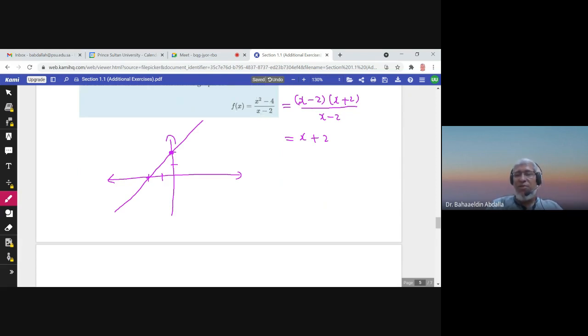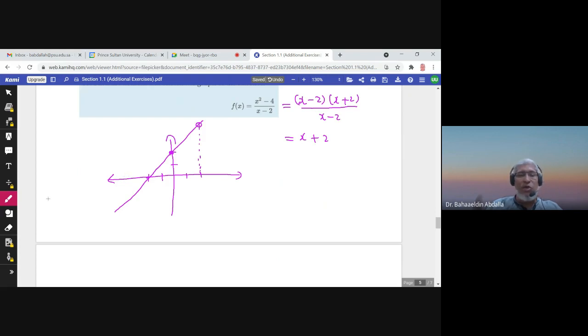But there is a difference between this function and this line. This function is not defined at x equals 2, because when x is 2, the denominator would be 0. So if x is 2, I go up and make an open circle here.